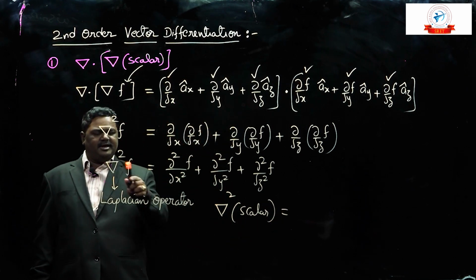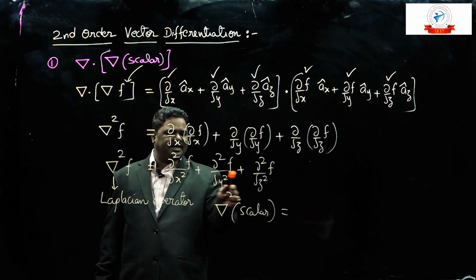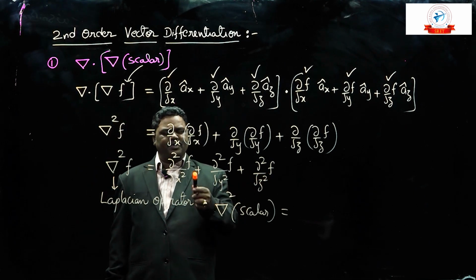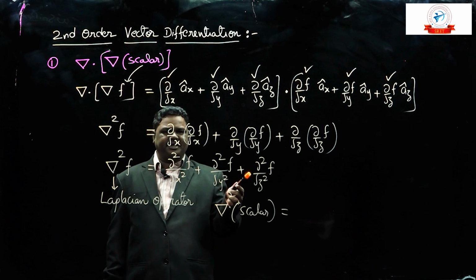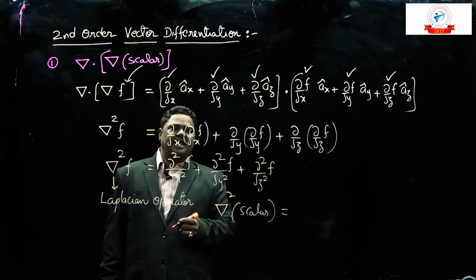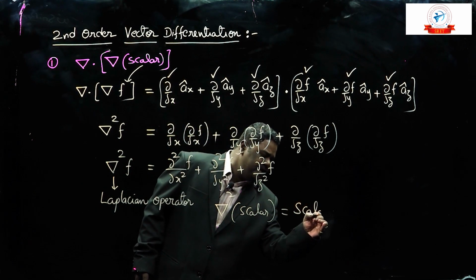Then if you apply Laplacian on a scalar, what is the result? See this right side equation. Is there any direction parameter? No, there is no x cap, no ay cap, no az cap. So there is no direction in this right side equation, so it is a scalar quantity. So we say that the result is also a scalar field.